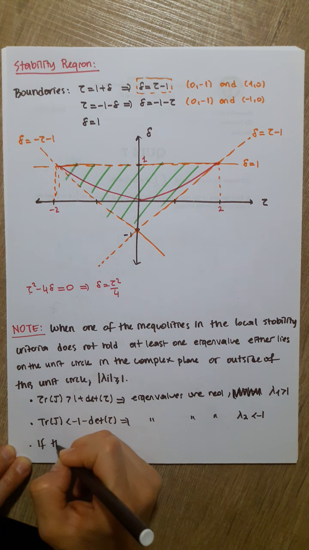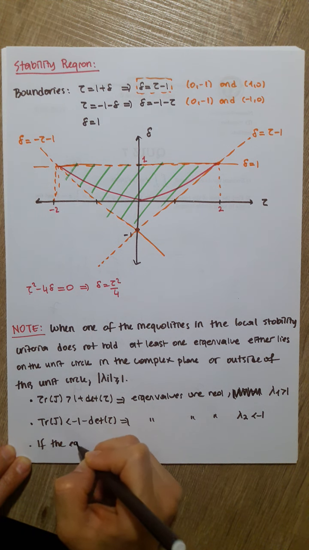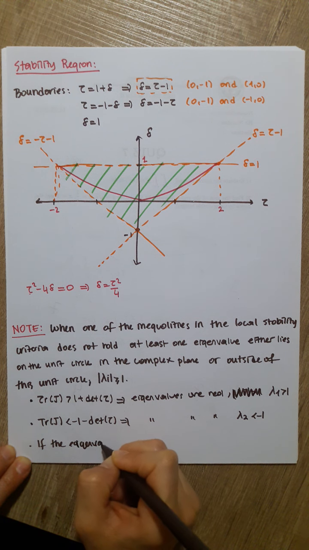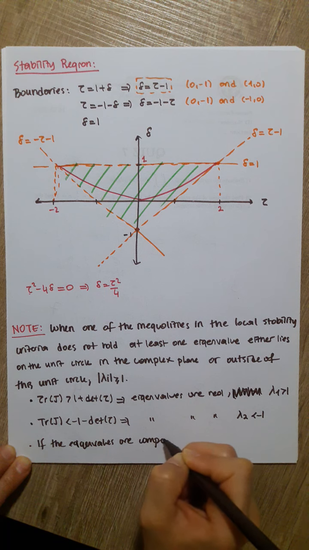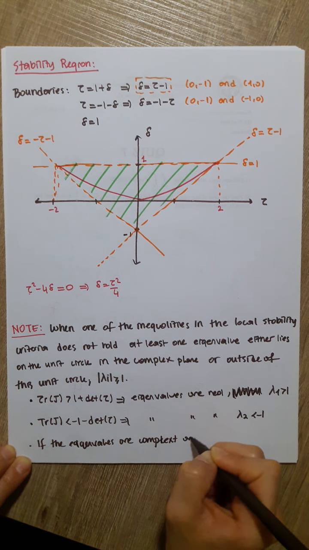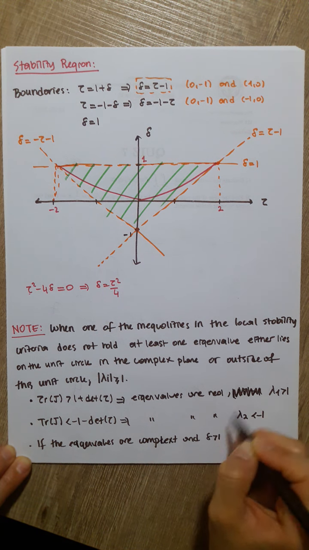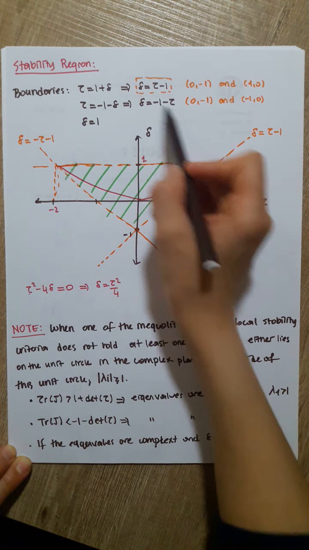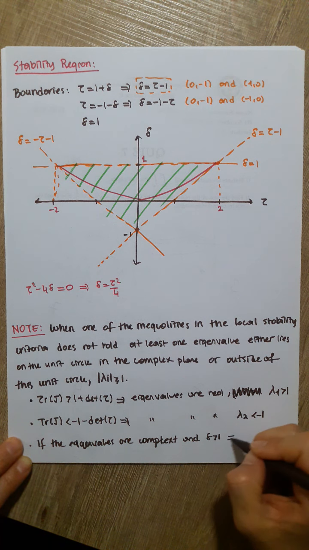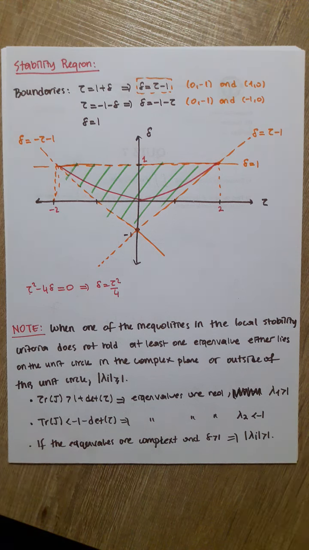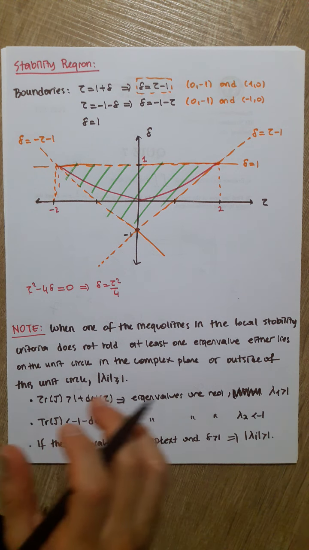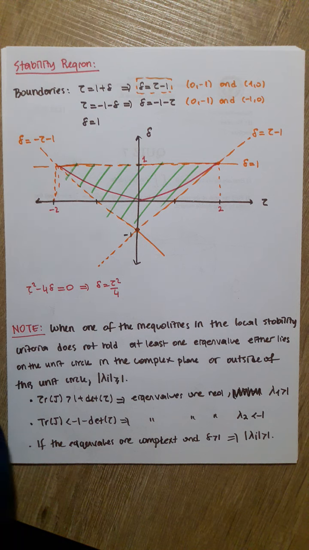If the eigenvalues are complex and delta is greater than 1, if you are here, then magnitudes are greater than 1. Okay, this is the first note, and I have one more note, and then we will have an example.